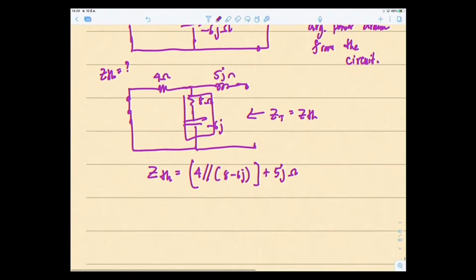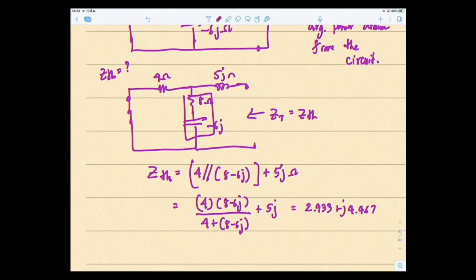And so therefore, it's equal to 4 times (8 minus 6J) divided by (4 plus 8 minus 6J), plus 5J. So it's equal to 2.933 plus J 4.467 ohms, or equal to 5.34 angle 56.7 degrees ohms.